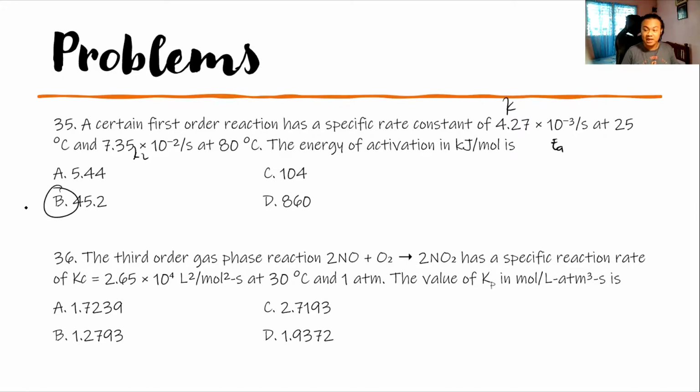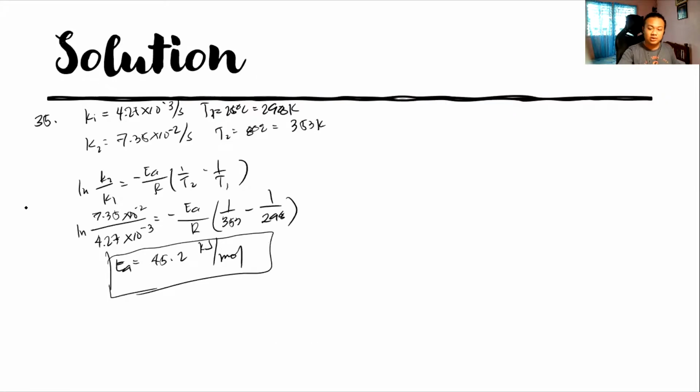So the value of Kp in mole per liter per atm³ per second is, so we are finding the Kp. Okay, so Kc and Kp are different. So Kp is not equal to Kc. What is the formula that relates to them?